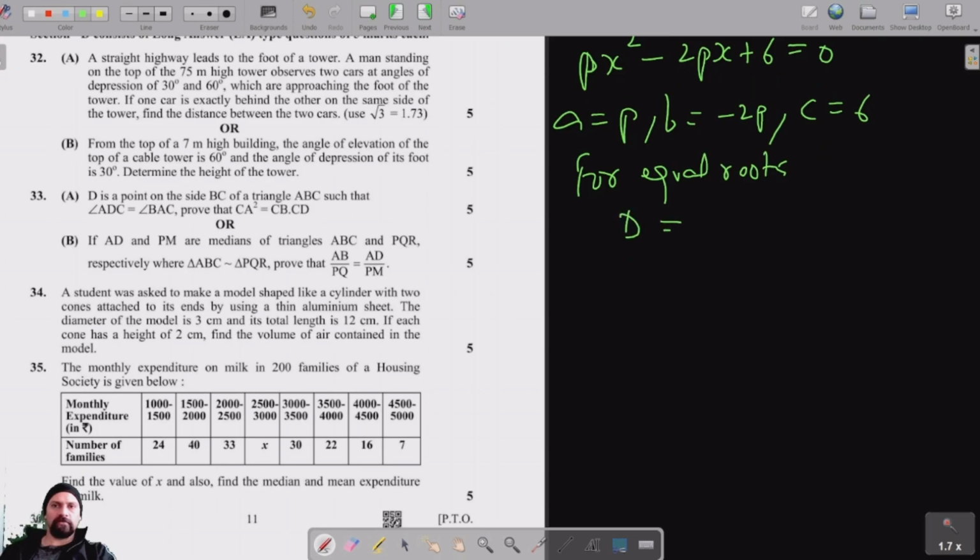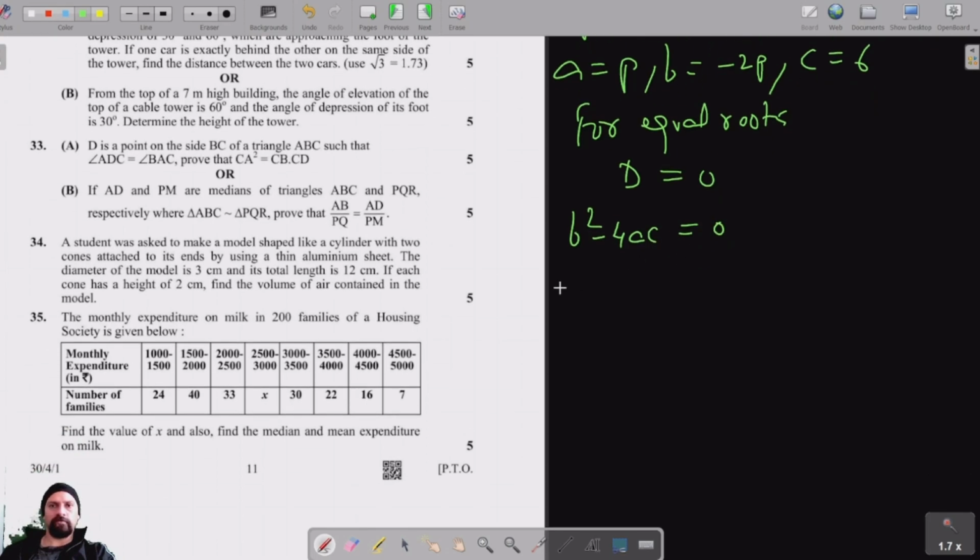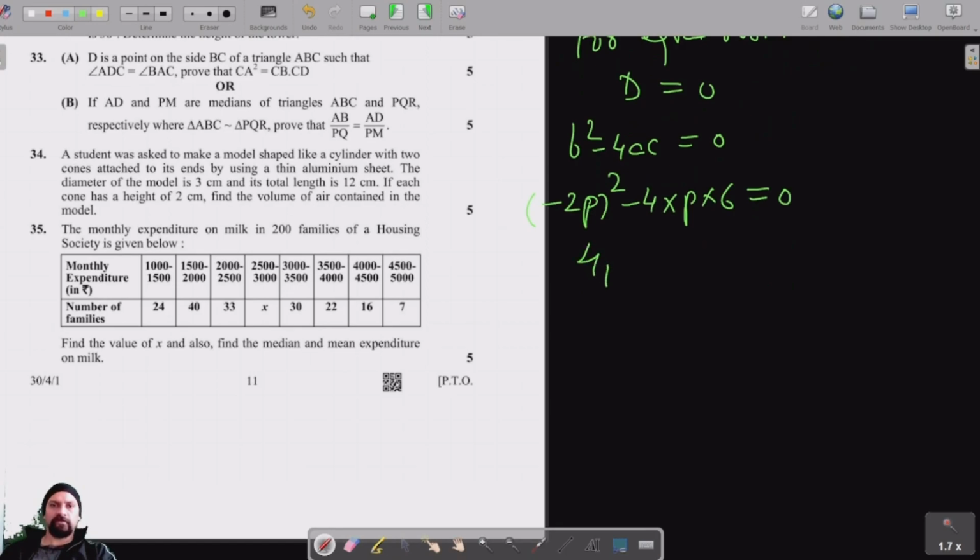So for equal roots, we know that discriminant is equal to 0, and discriminant is given by b squared minus 4ac is equal to 0. So b squared is minus 2p, the whole square, minus 4 into a is p into c is 6. So this is 4p squared minus 24p is equal to 0.